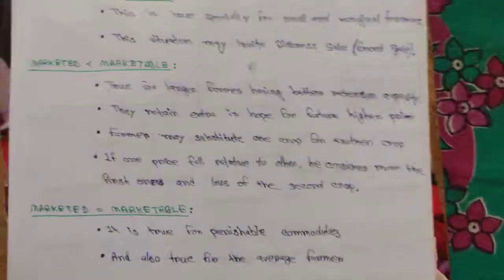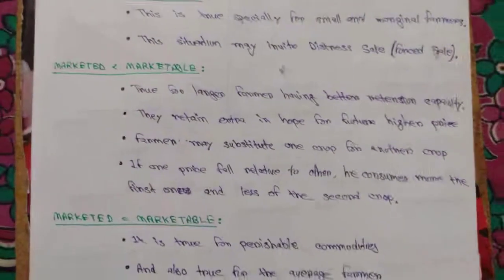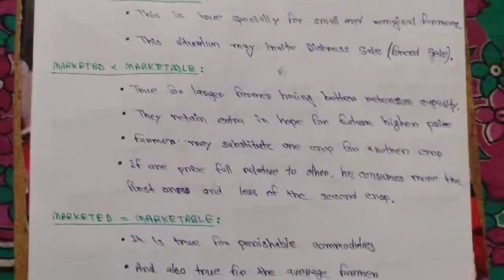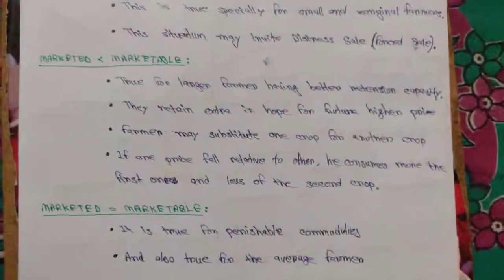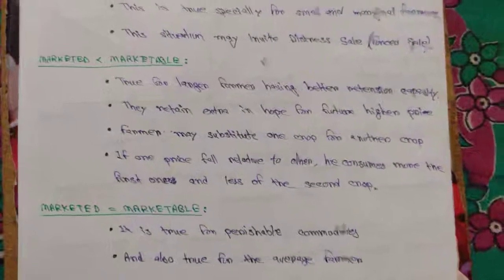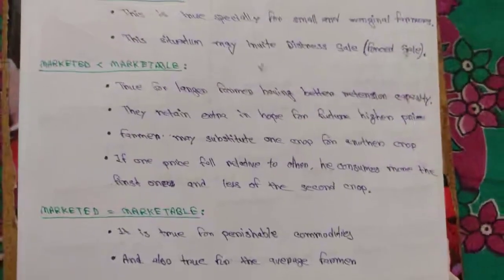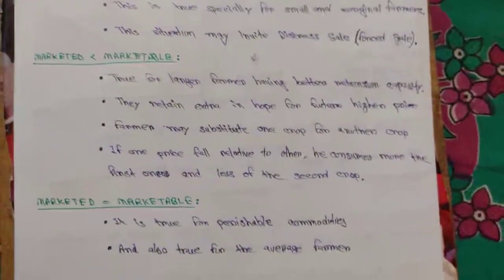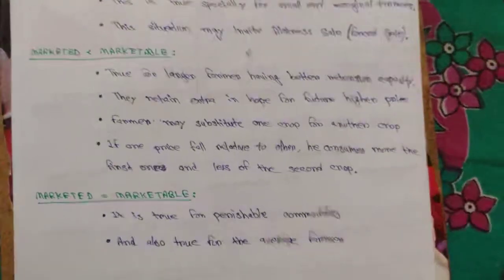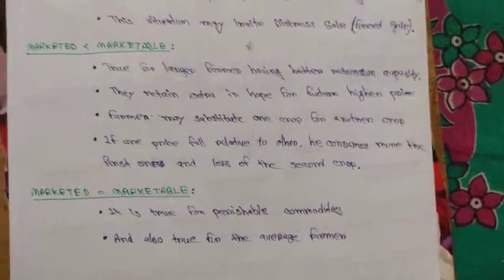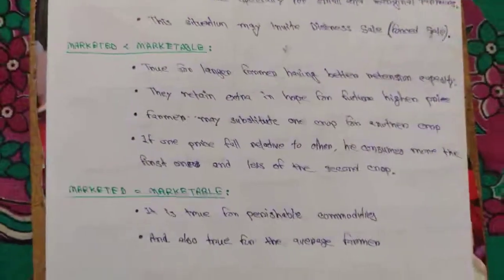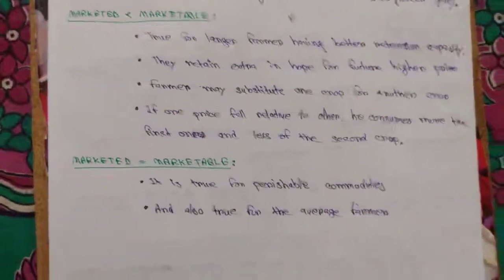And if the first crop's price suddenly increases in the market, then he tries to sell and fulfill his requirement with the substitute crop. So if the price rises, the first crop's market sale will be more. If the price is less, then he will not sell his produce in the market.